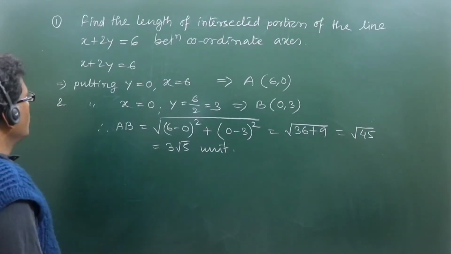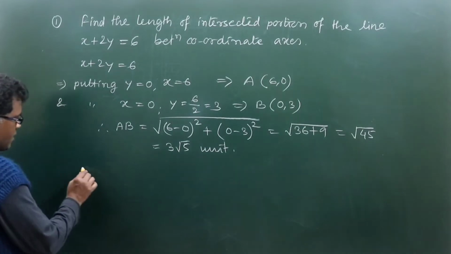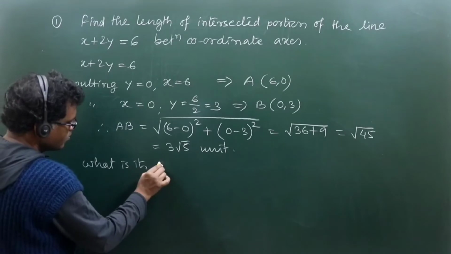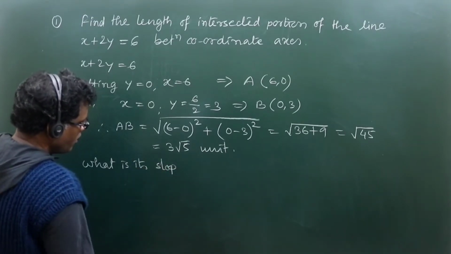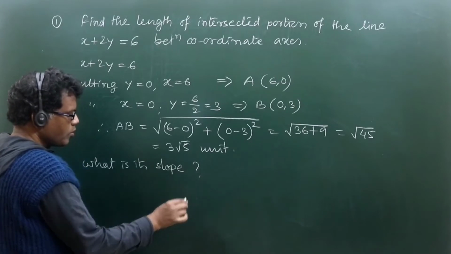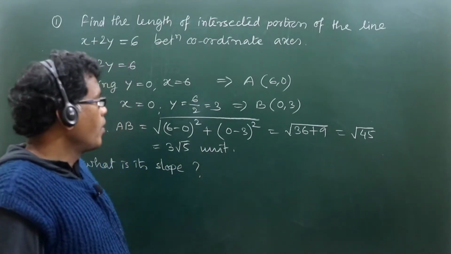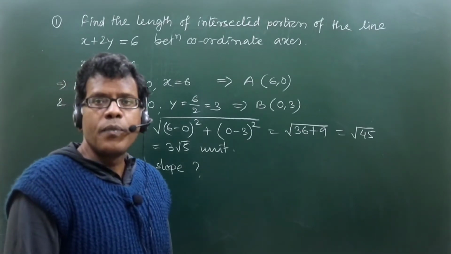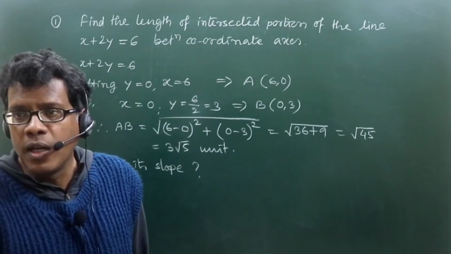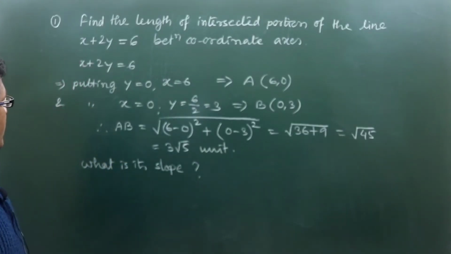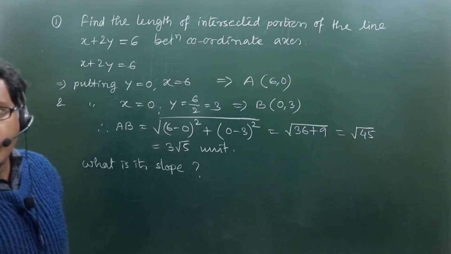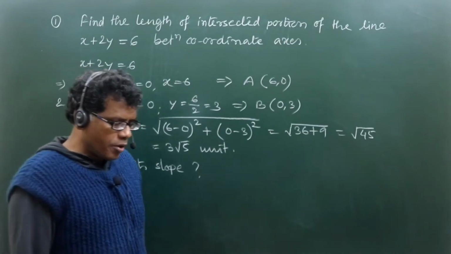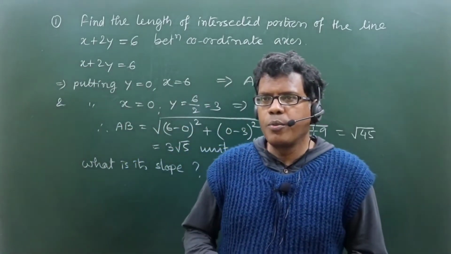So what will be the slope of this line if I ask you what is its slope? What we have learned in our previous class regarding the slope of a line. When equation of line is known to us, you are saying it is 1 by 2. Is it so? Are you sure it should be 1 by 2?